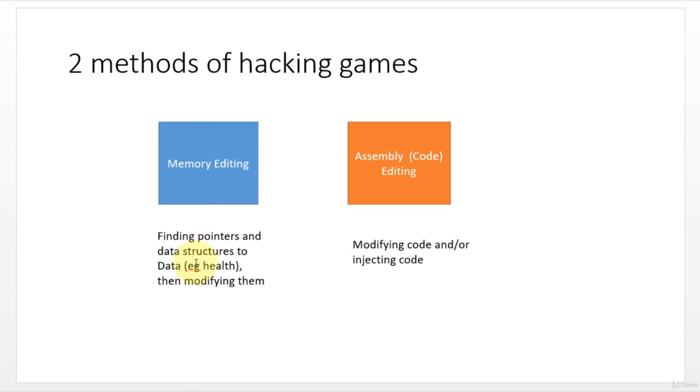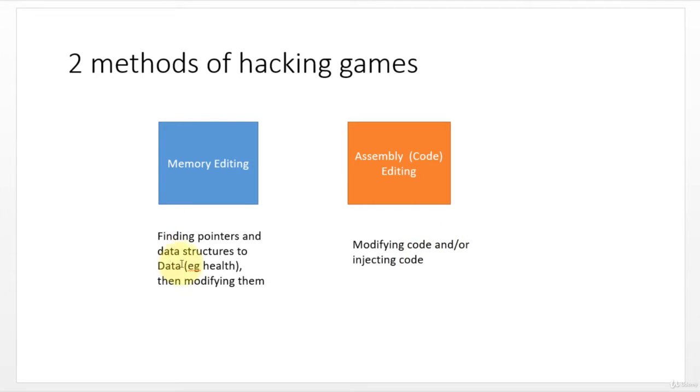In memory editing, we are concerned with finding pointers and data structures for data, for example health, and then modifying them. In assembly or code editing, we are concerned with modifying code and/or injecting code.